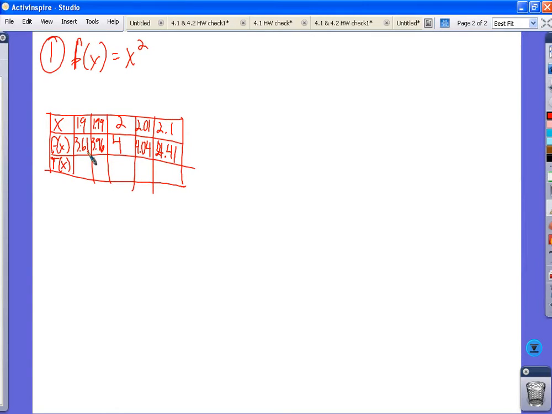So, this represents 2 plus delta x. What's delta x here? How much has x changed? 0.01. Right? This is our delta x, our small delta x, our dx. And for this one, we have 2 plus delta x.